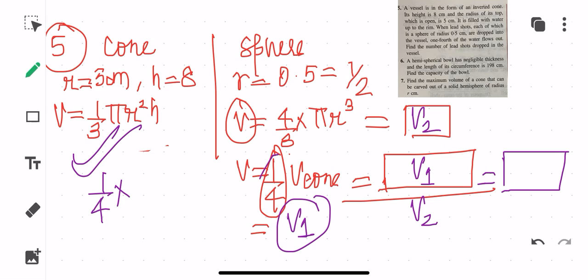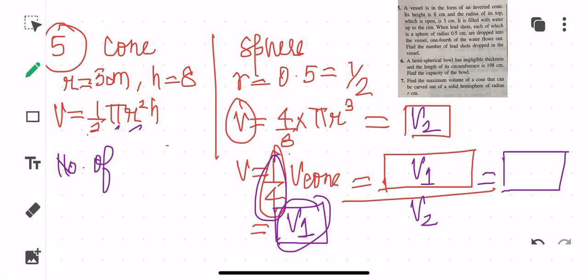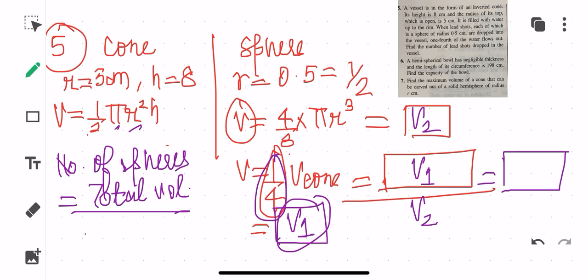So we are doing 1/4 of this to get the volume of spheres, and now the number of spheres will be equal to, I'll write down the formula here, total volume divided by volume of each sphere. Okay, so this way you will be doing this particular sum. So it's an easy one, children. This you can easily take as homework.